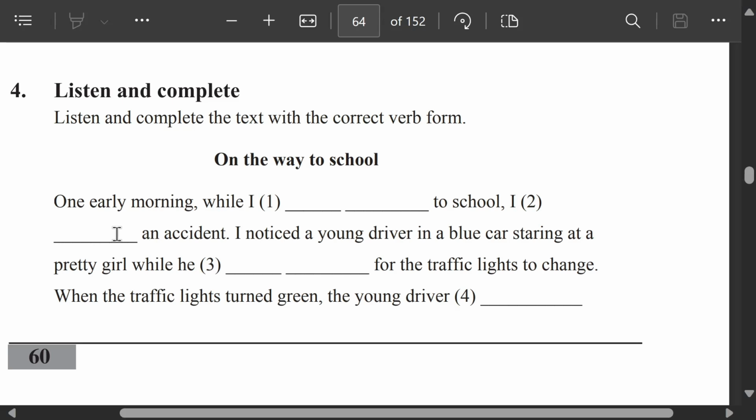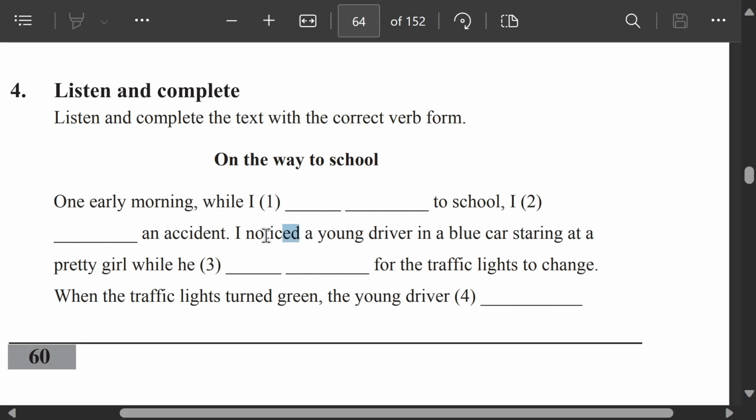I had an accident. Not I was having. No, it was something that happened in the past. Just one moment. I had an accident. So while I was walking to school, I had an accident. Okay? This is simple past. I had.